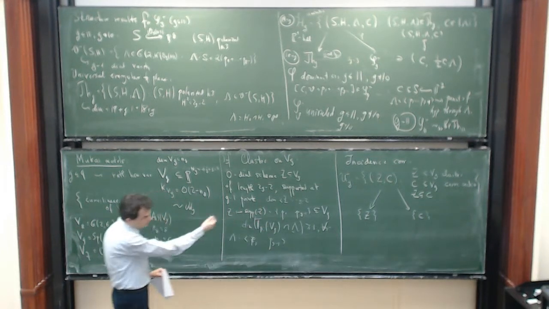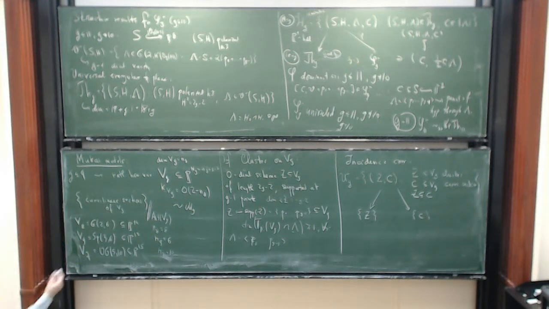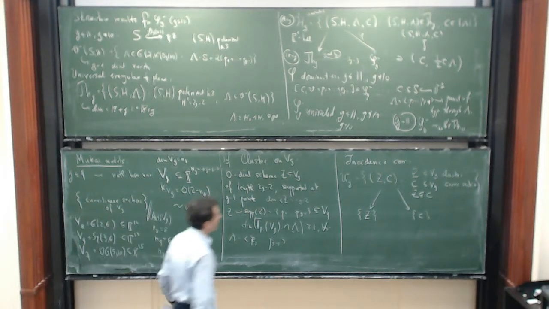They are already embedded in P^{g-1}, so it's the Hilbert scheme of canonical curves of genus g. And what are the fibers of this map?